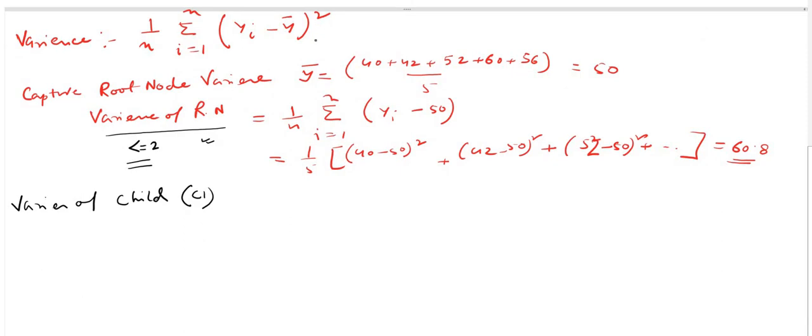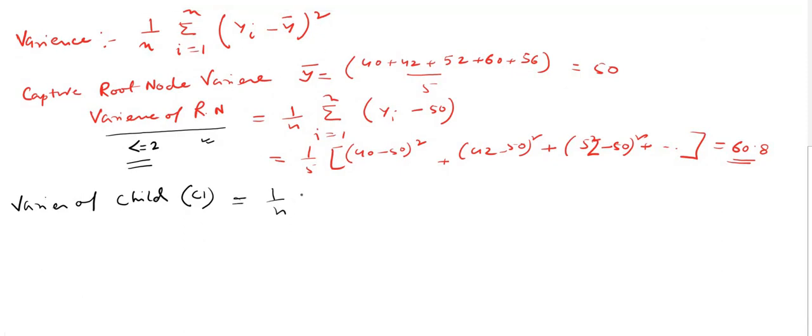So variance of the child, what will happen in this case? Again, 1 by n. n is in this case 1 because we have only one value, and then 40 minus 50 whole square, so it will come as 100.